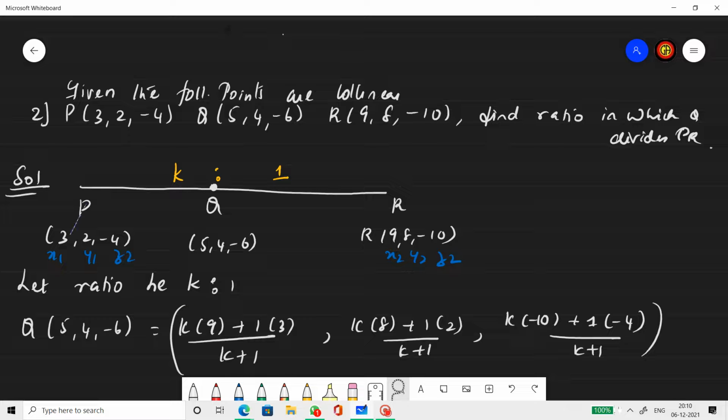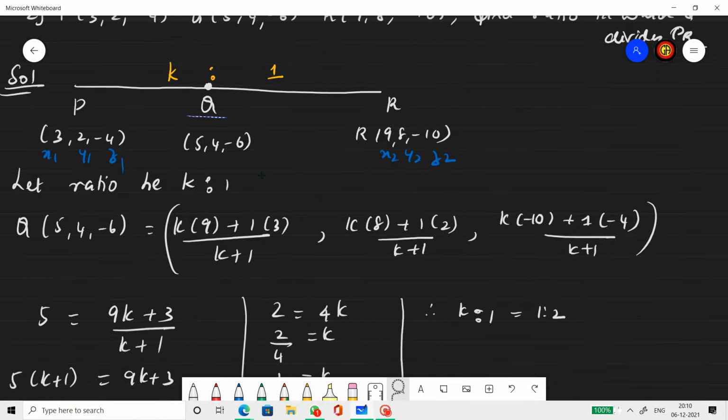Now, P's coordinate is given, Q's coordinate is given, R's coordinate is also given in the question. So just fix all those things. Put x1, y1 and z1 for P, and x2, y2 and z2 for R. Now, the section formula is used. So the x coordinate of Q equals (k times 9 plus 1 times 3) by (k plus 1).